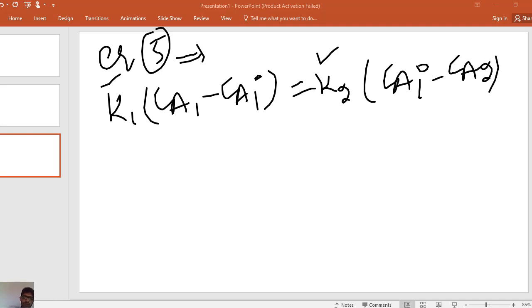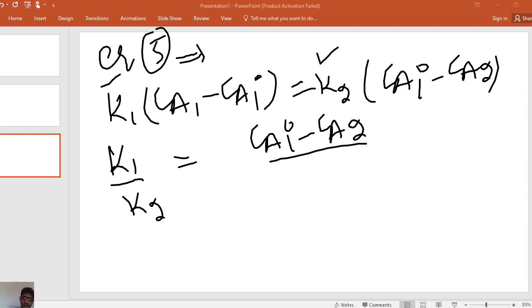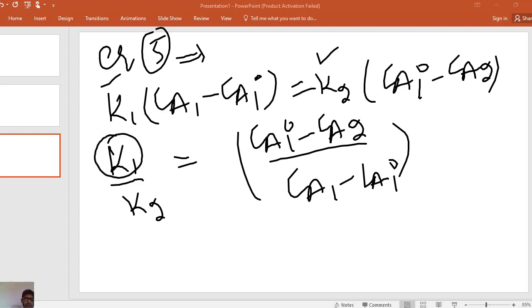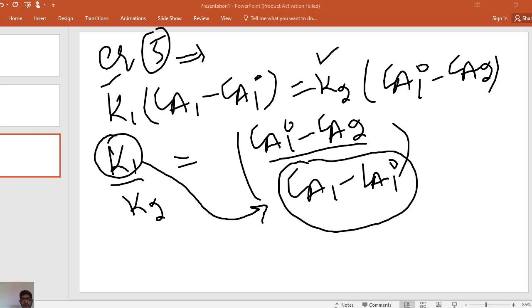Rearranging, K1 divided by K2 is equal to Cai minus Ca2 divided by Ca1 minus Cai. So there is an inverse relation between K1 and the gradient Ca1 minus Cai, and similarly an inverse relation between K2 and Cai minus Ca2.